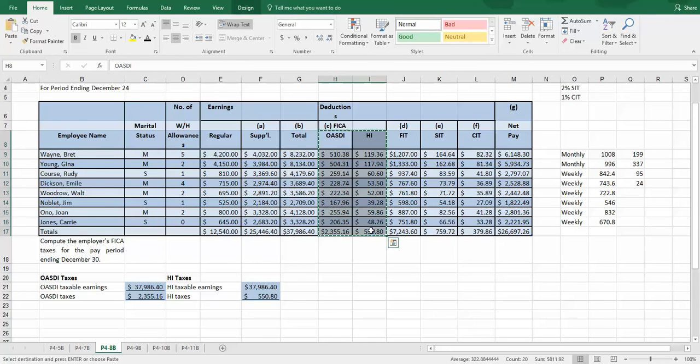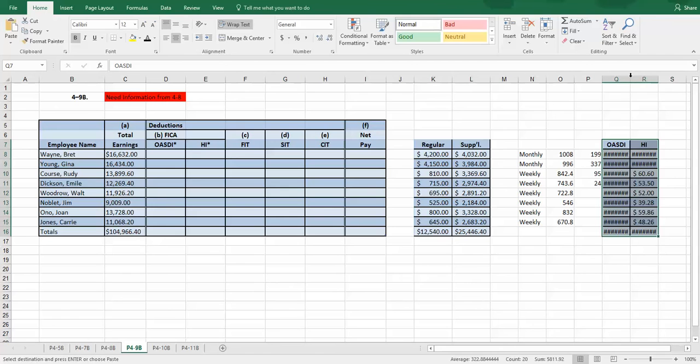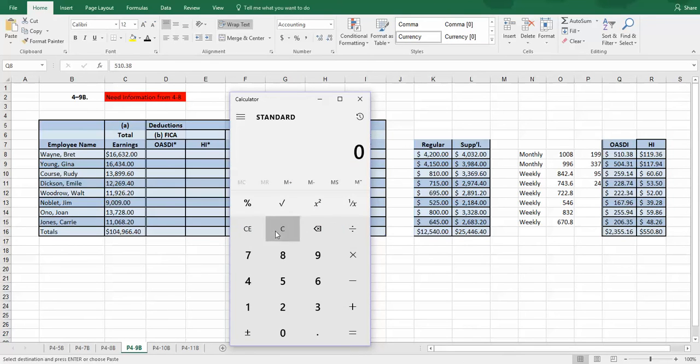I'm going to copy this as well, so we don't have to worry about flipping back. Again, $4,200 times 6.2% gives us $260.40. Then we add those together, which is $520.80, and then we add the $510.38. So that's $1,031.18.